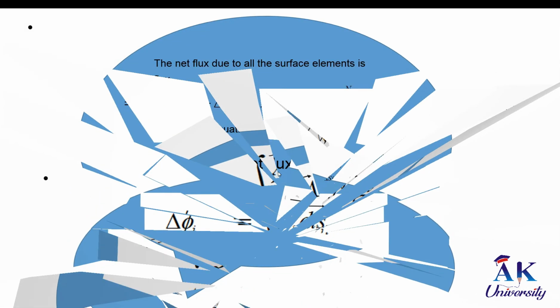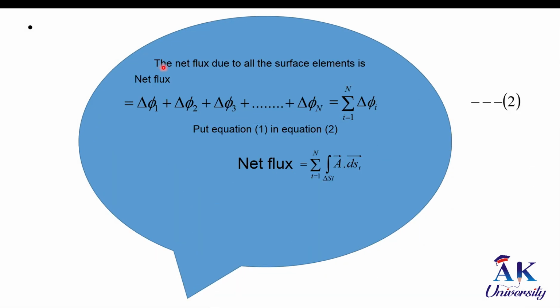After that, the net flux due to all surface elements is delta phi 1 plus delta phi 2 plus delta phi 3 and so on till delta phi n, which is equal to the summation of i from 1 to n of delta phi i.